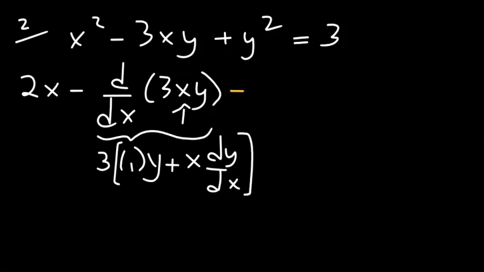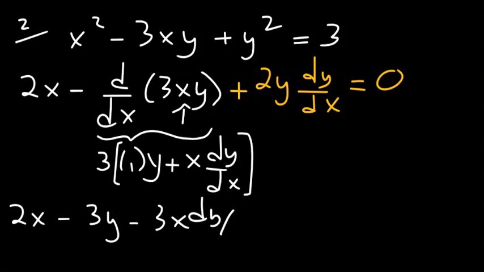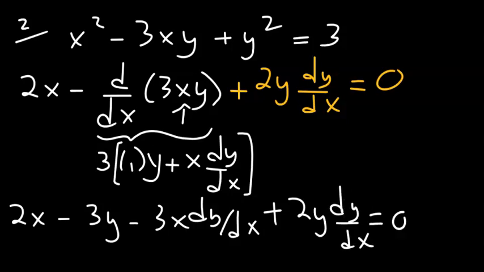Now let's do the third term, which is y squared. From the previous example, we know it is quite simply 2y dy/dx. And 3 will simply give you 0 when you take the derivative of it. Rewriting the above result, you get 2x minus 3y minus 3x dy/dx plus 2y dy/dx equals 0.